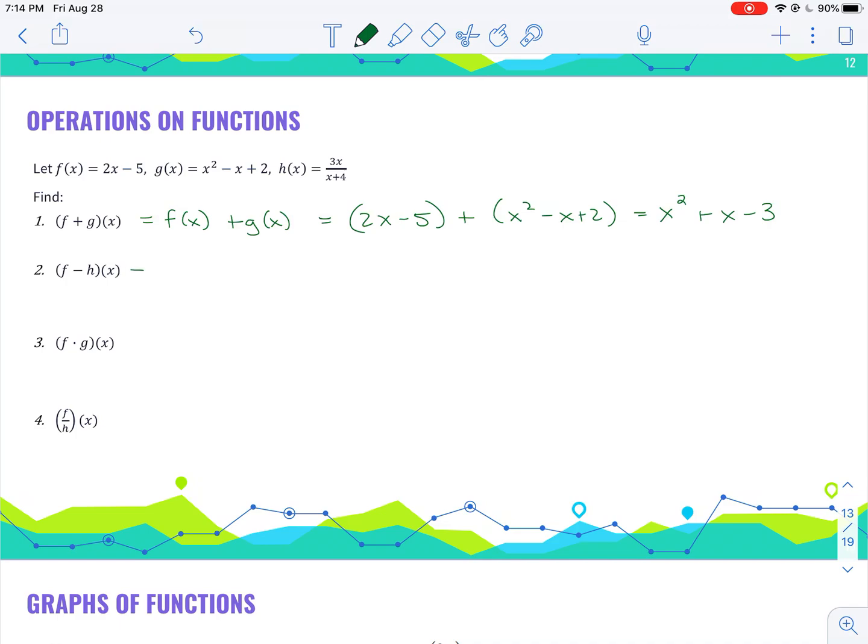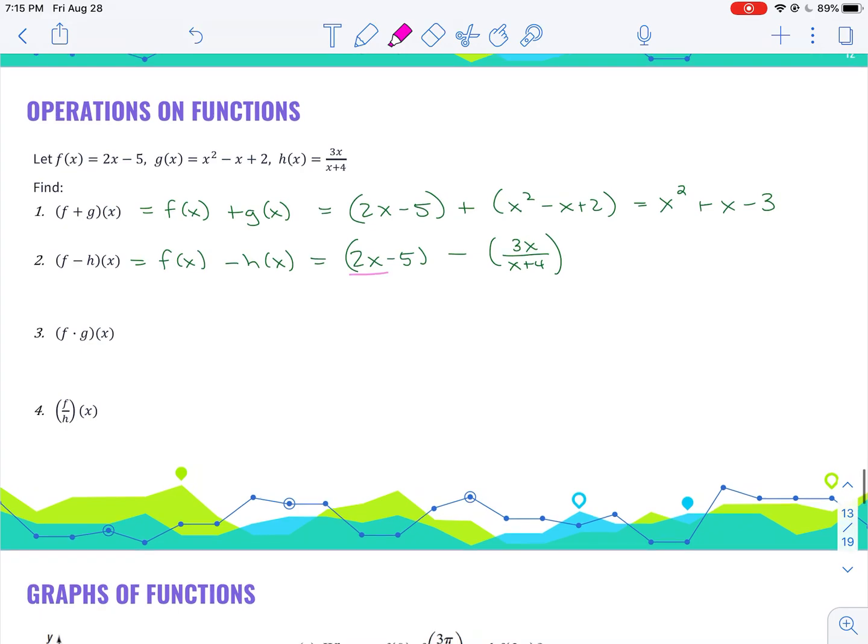F minus h of x is just going to be f of x minus h of x. So this is going to be 2x minus 5 minus h of x, which was 3x over x plus 4. In order to subtract things, if one of them's a fraction, you need a common denominator. So I'm going to put this guy over 1, and then I have to multiply the top and the bottom by the common denominator, which would be x plus 4. I'm going to have to distribute on that first numerator.